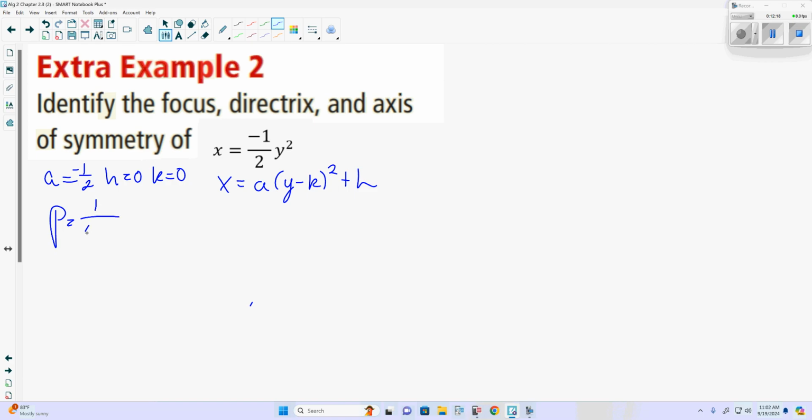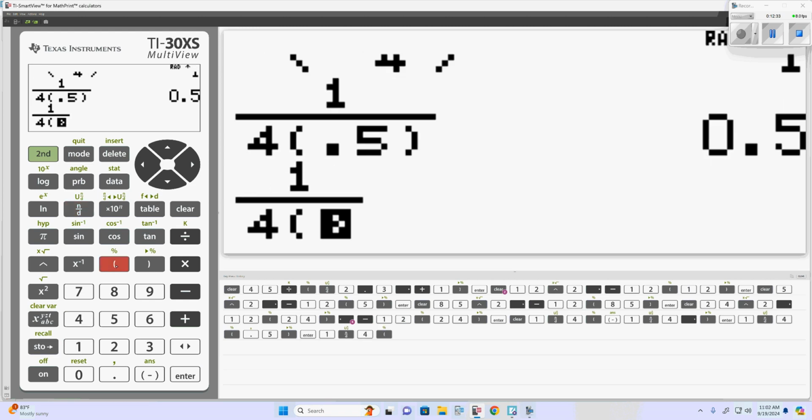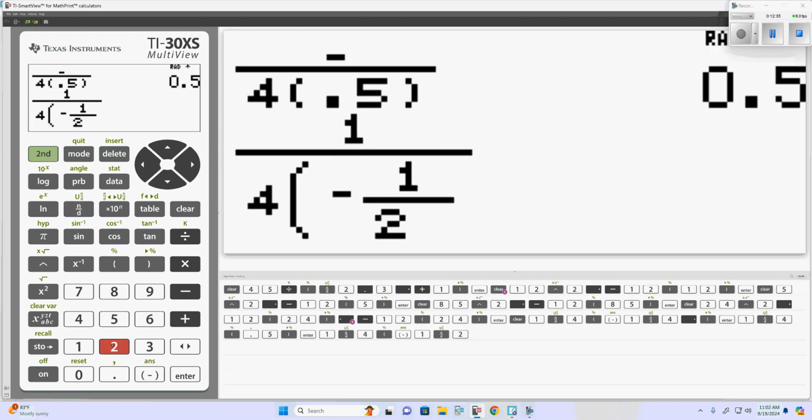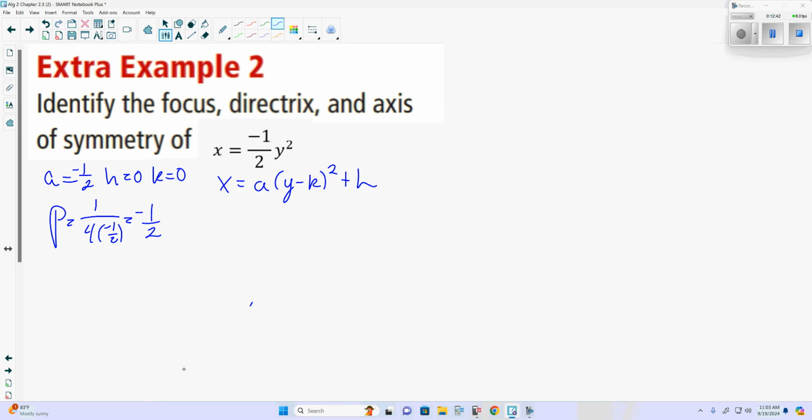So to find p, we do 1 over 4 times negative 1/2. So p is negative 1/2. Didn't ask for vertex, but what is the vertex, guys? 0, 0.